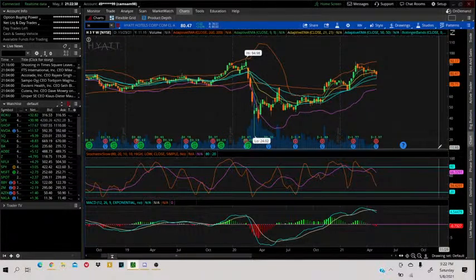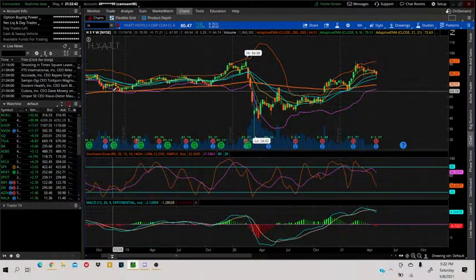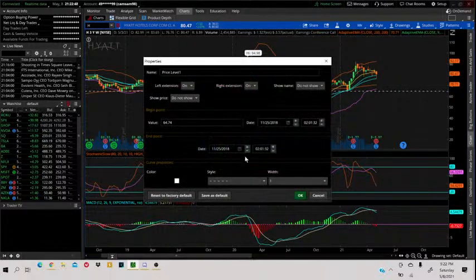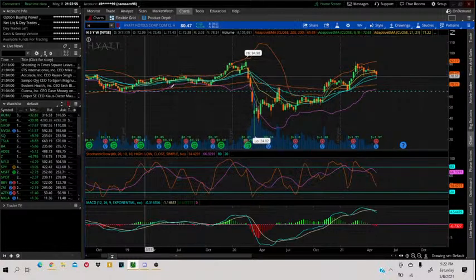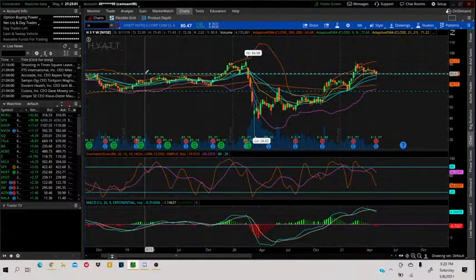Go to the price level in the drawing tools, then double click on a point. For my weekly support and resistances, I switch it to teal and save that as a default, so whenever I make it next time, it's already like that.